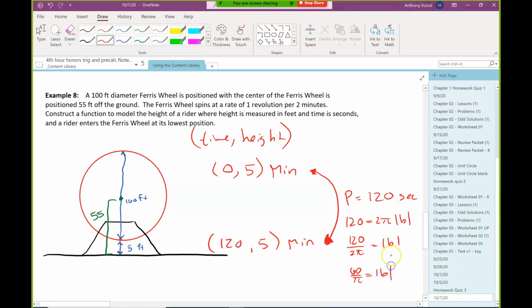I saw lots of people dividing by pi and then somehow the pi becomes the numerator instead of staying in the denominator. So I just wanted to refresh our algebra there a little bit because it happened a lot. So I must have screwed that up at some point or not made that clear enough. But I'm trying to do that right now. So just be careful when you're doing that. So our B value then is either positive or negative 60 over pi.